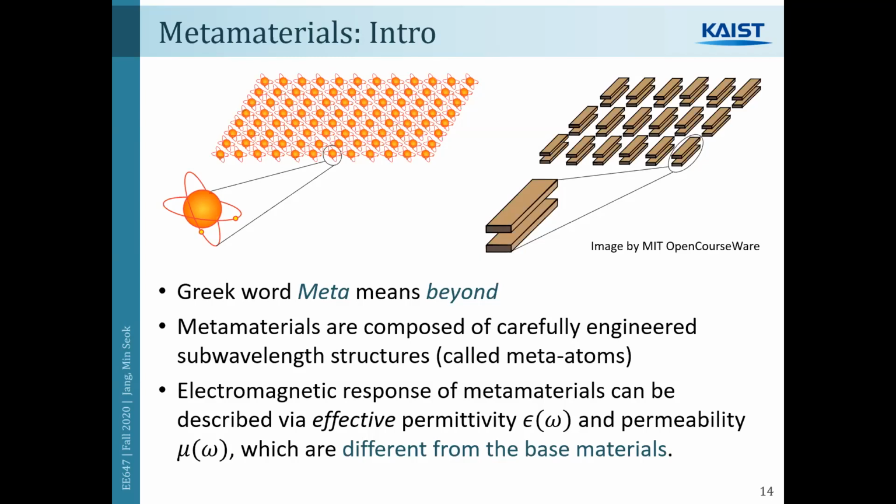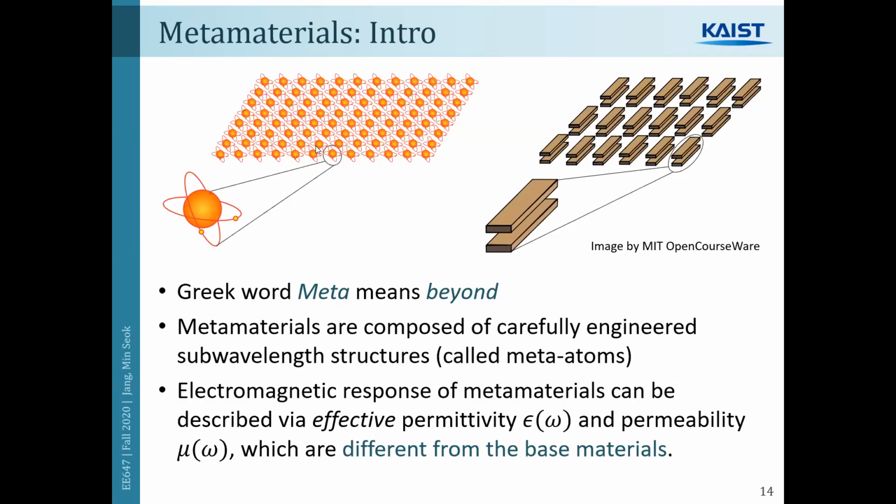And atoms have electron clouds, and these electron clouds and nuclei interact with incident electromagnetic waves. What a metamaterial does is you create a small object that can also interact with electromagnetic waves, but the size of the small object is much smaller than the wavelength, so light cannot distinguish whether this material is composed of artificial material or natural material.